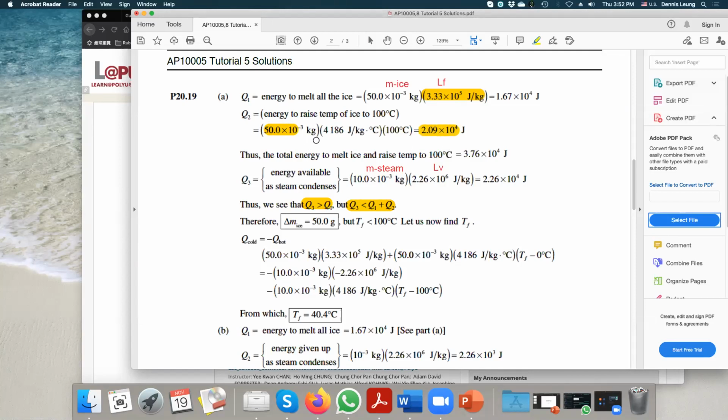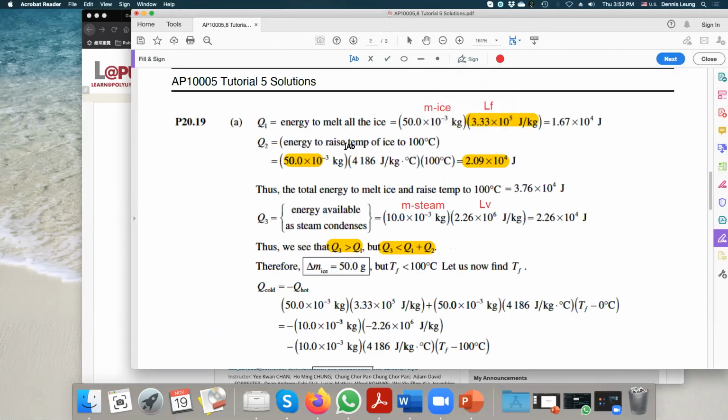So this is M times C times delta T. This is the mass of the ice, this is the specific heat of water, and the latter one is the delta T. So you see that Q3 is smaller than Q1 plus Q2.